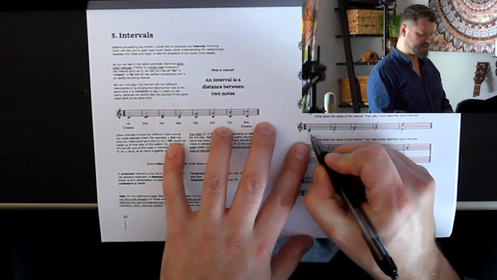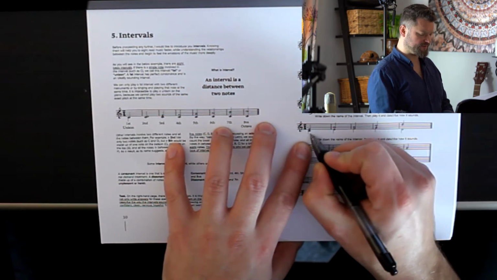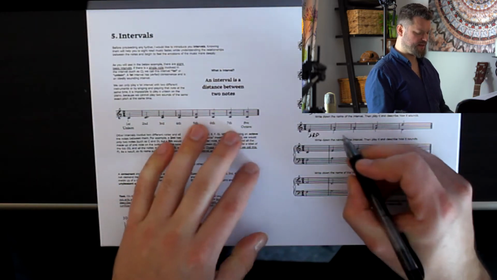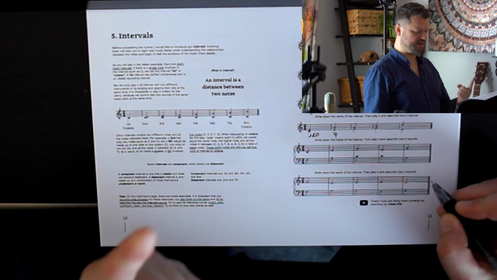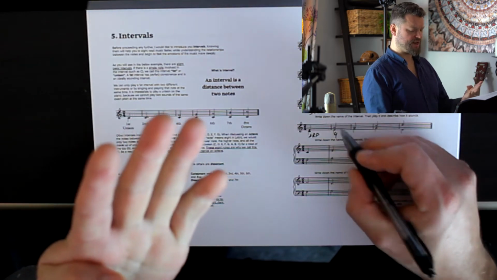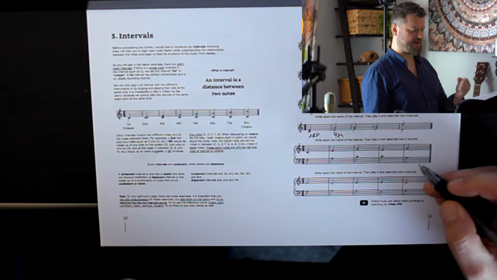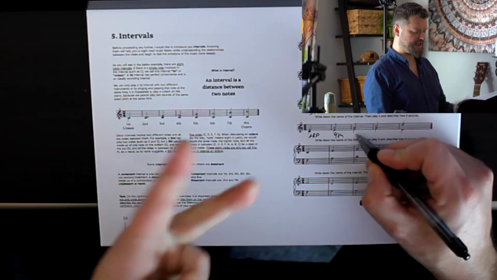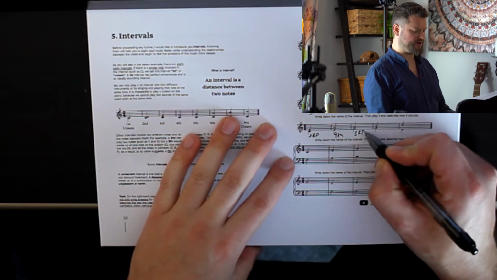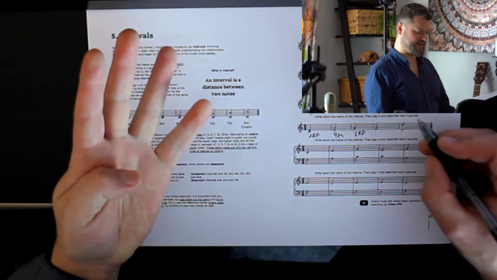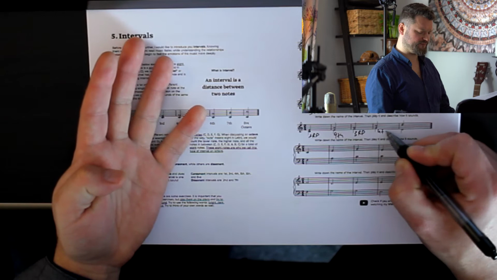So we have C to E is the third. We count C, D, E. Then we count E, F, G, A. That is fourth. Then from F to A, F, G, A is third. From G to C, G, A, B, C is fourth.